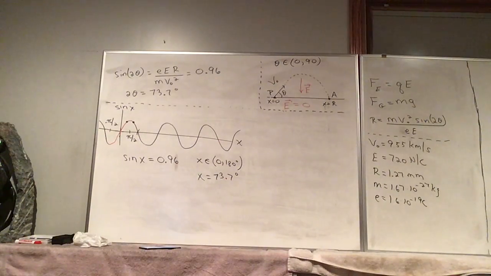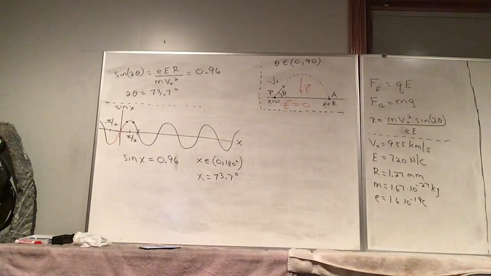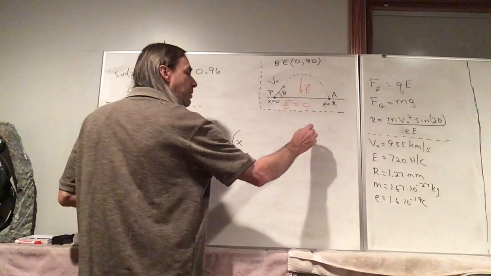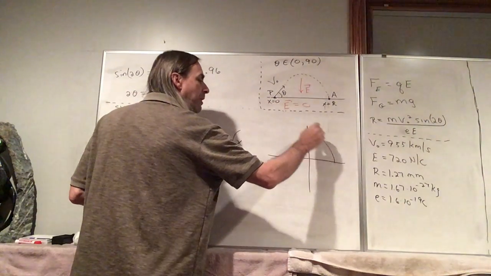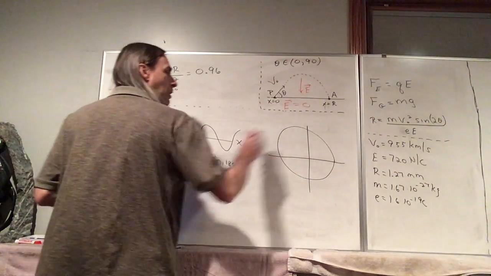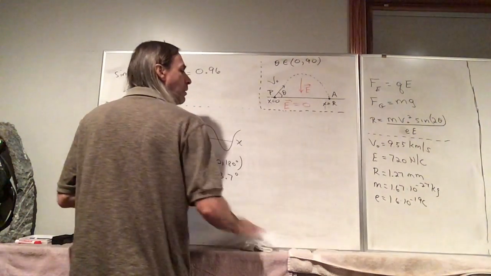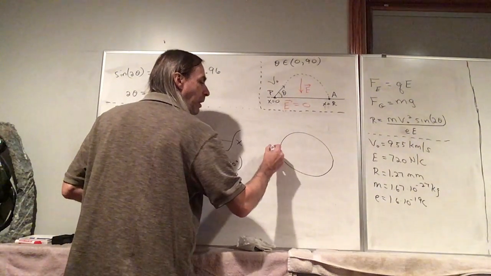So how do we find this answer here? That's beyond 90 degrees. I like to look at the unit circle. So if we have a unit circle with a radius of 1, it's not a perfect circle, but kind of off center. It's a little better.